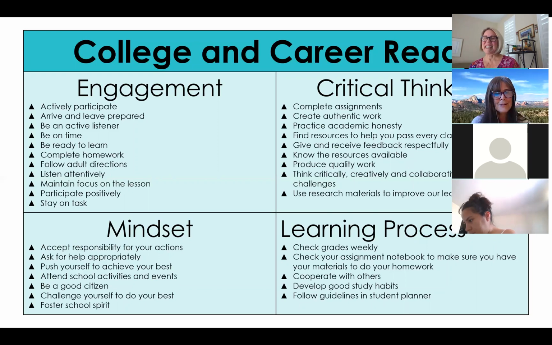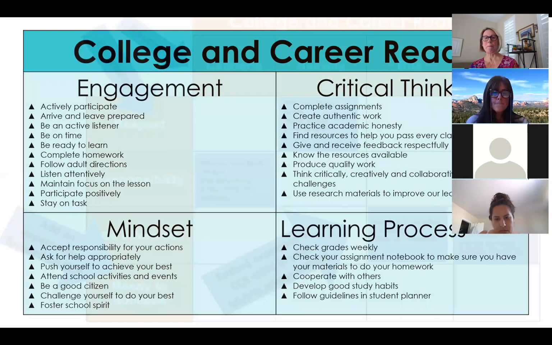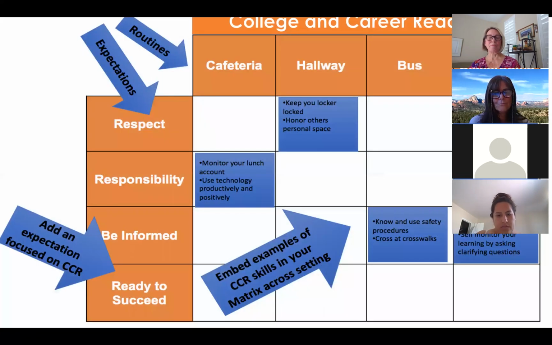The other thing you want to think about is college and career readiness. Those are the 4 categories of college and career readiness. You've got all of the behavioral expectations we expect to see in each one of those. How do you include that in your matrix as well? Here's an example of one where you've got your expectations: respect, responsibility, informed, ready to succeed at one of our schools.